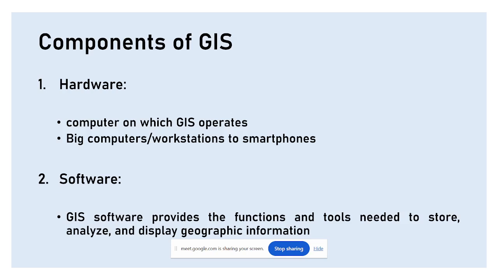Then you have the software, which I said. You have the GIS software, which provides the functions and tools which are needed to store, analyze, and display geographic information. You guys can stop me at any point if you have any queries. I don't want this to be a monotonous discussion, so please. The GIS software will have multiple functions, and according to your specifications, you can use it.